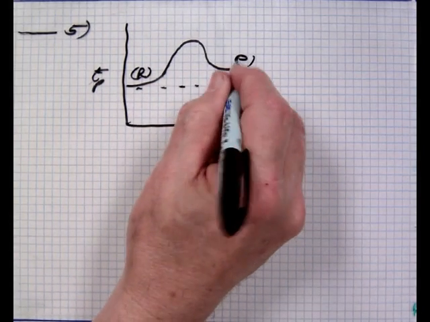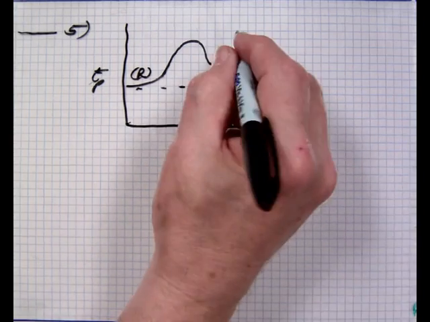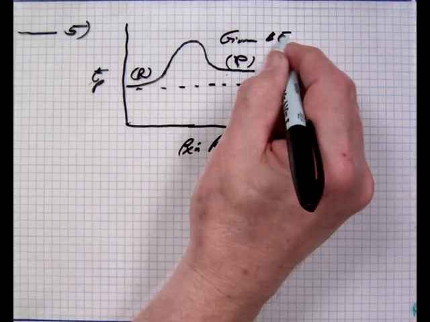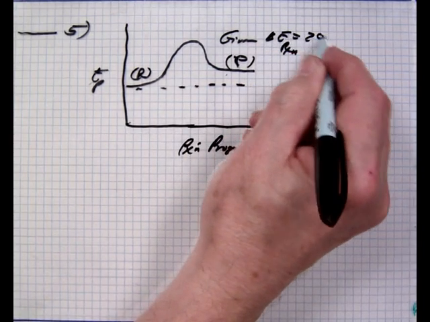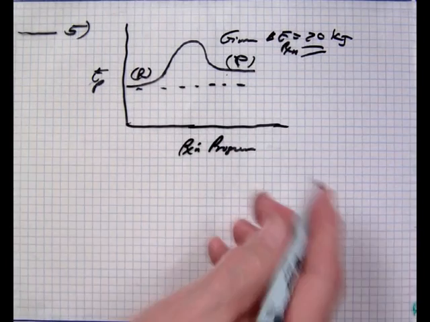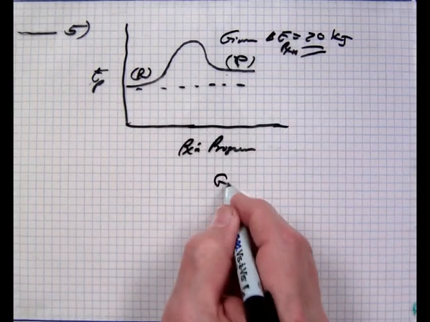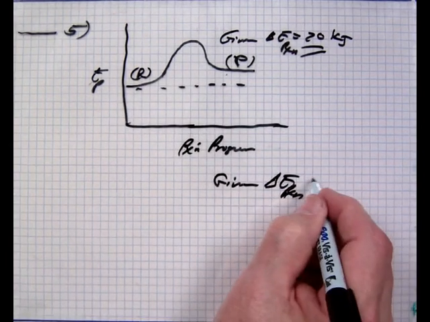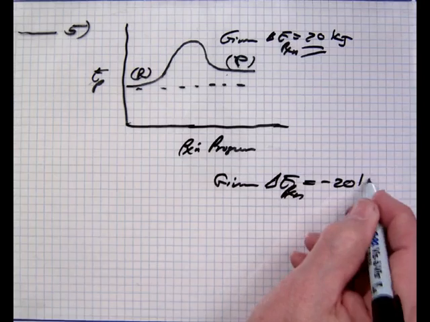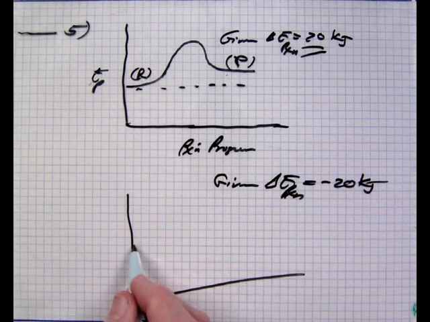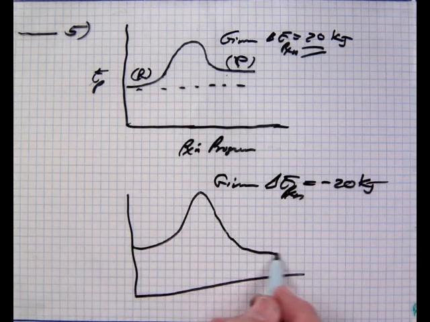Because it'll give you what the reaction is. Given delta E of the reaction equals 20 kilojoules. If the problem gives you delta E of reaction equal to minus 20 kilojoules, basically you have to draw this.